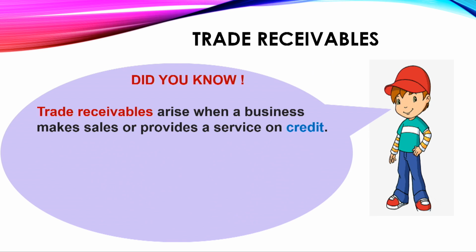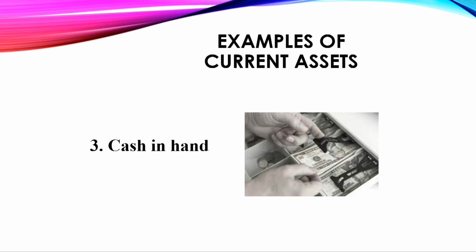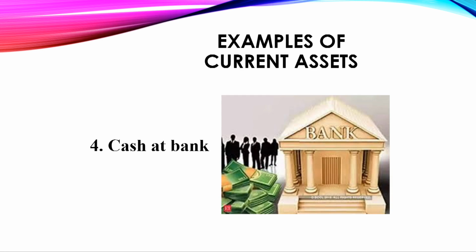Well, trade receivables occur when a business sells goods or provides services on credit. That is, the business is making sales but will receive the money at a later date. Therefore, trade receivables is the amount that people or businesses owe the business. Other examples of current assets are cash in hand and cash at bank.